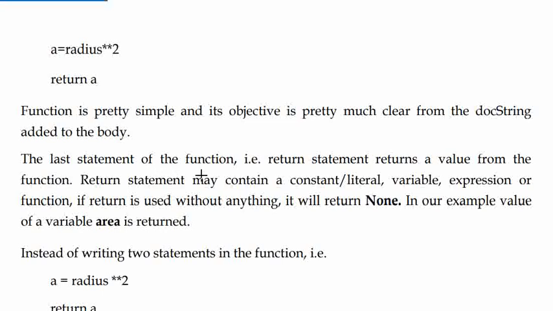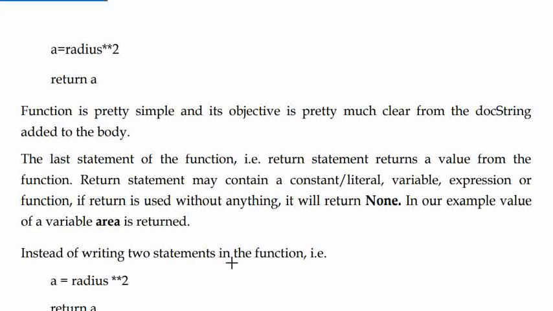The last statement of the function, that is the return statement, returns a value from the function. A return statement may contain a constant, literal, variable, expression or function. If return is used without anything, it will return None. In our example, the value of variable a is returned.